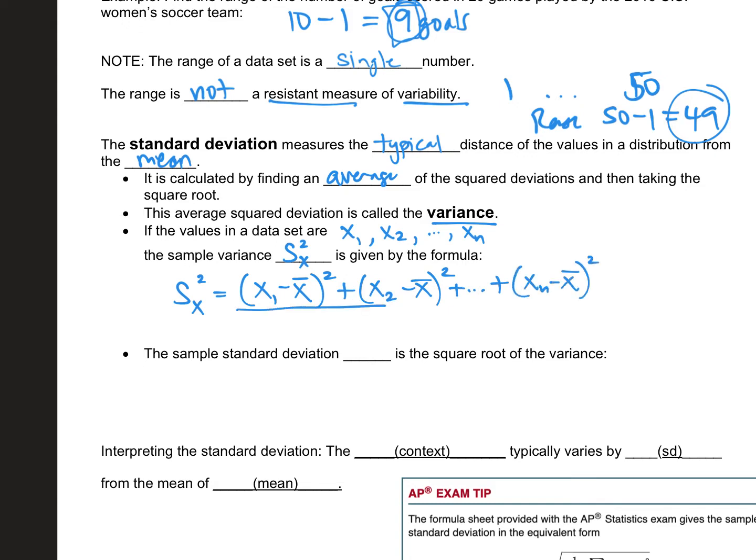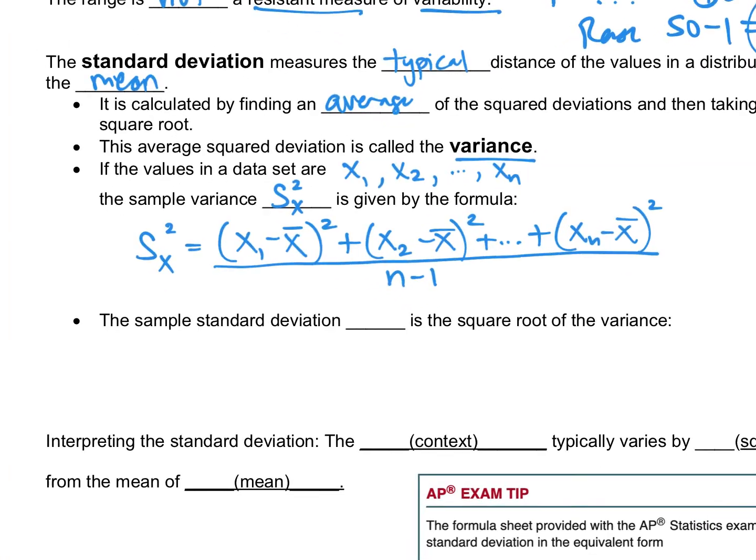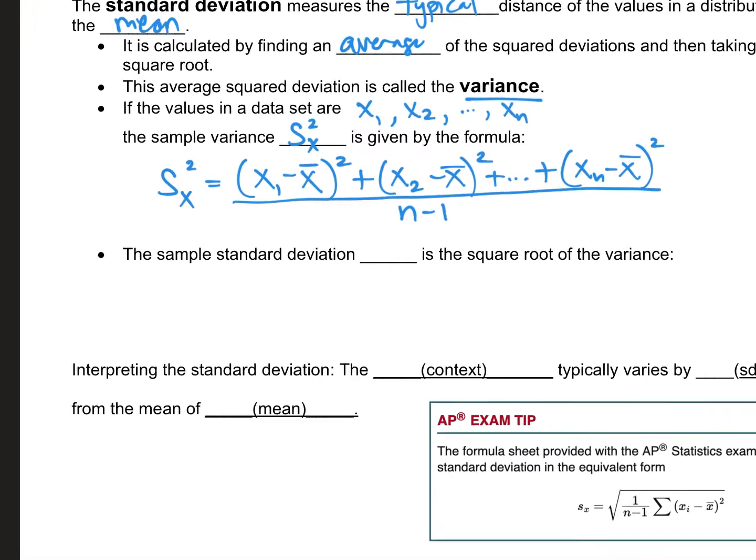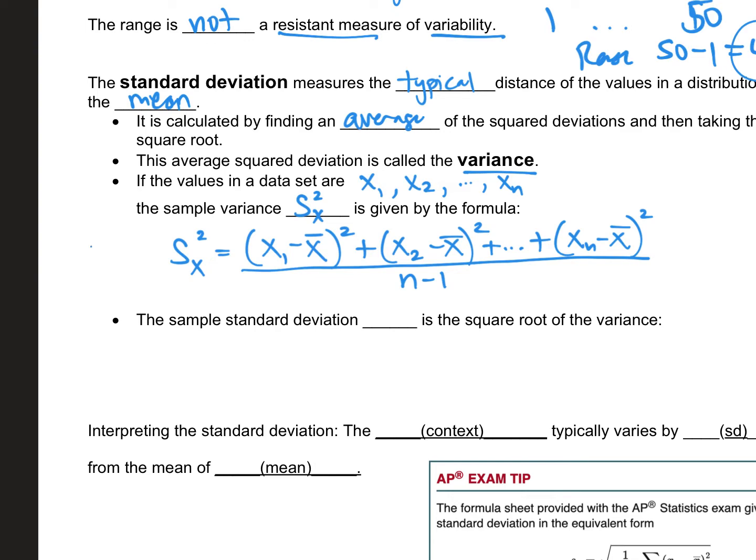Then we're going to take all of those numbers and divide by n minus 1. Now, we don't know the reason why yet, and that's okay. We're just going to accept that it's n minus 1. We will one day talk about why. It has to do with degrees of freedom, but we don't know that yet. So that is the variance.